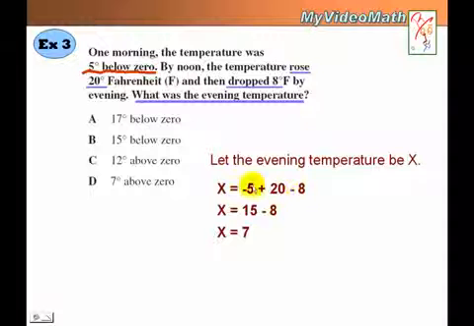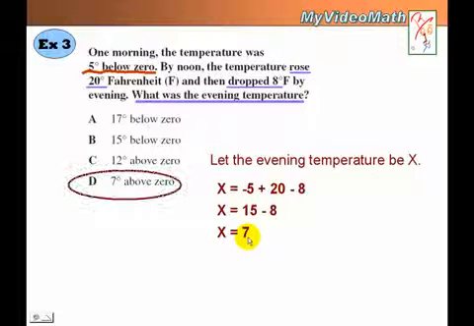So rose means addition, drop means subtraction. So -5 plus 20 minus 8. -5 plus 20 is 15. Take away 8 is 7. So the evening temperature would be 7 above 0 because it's positive.